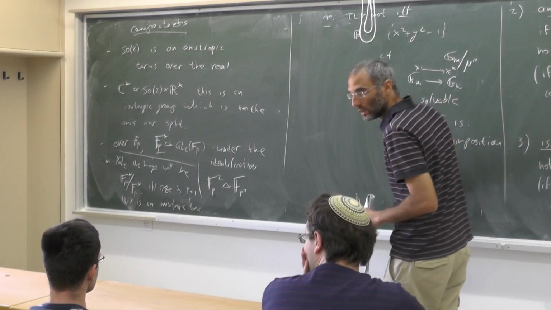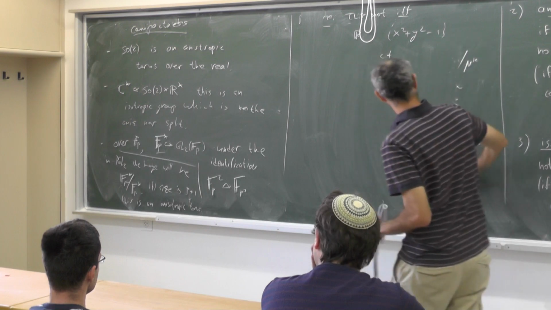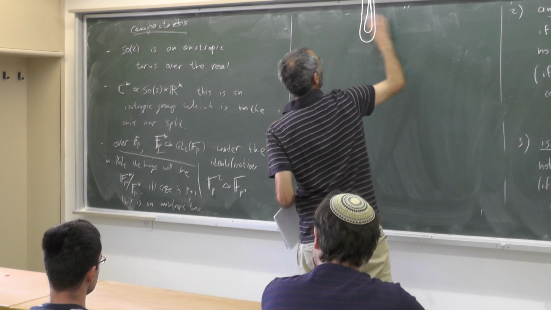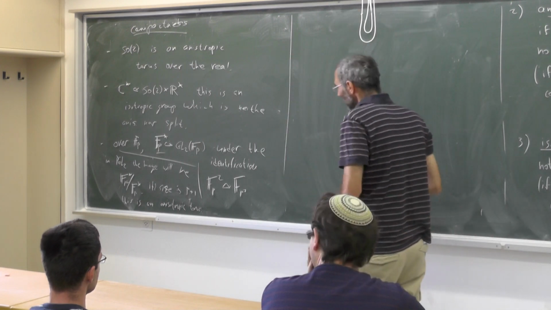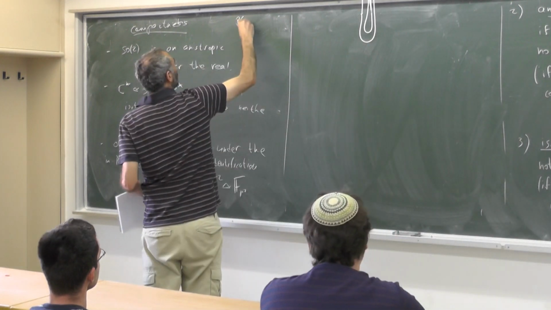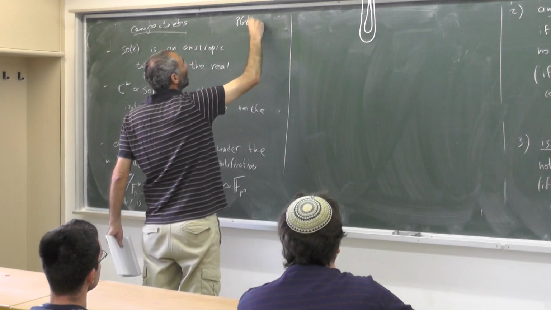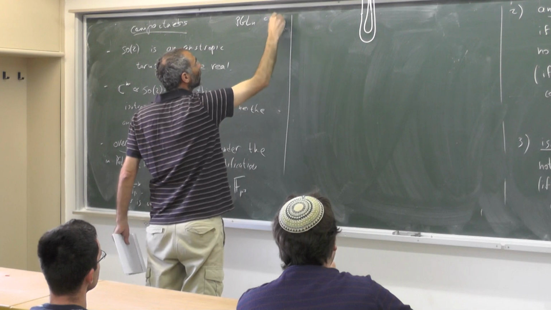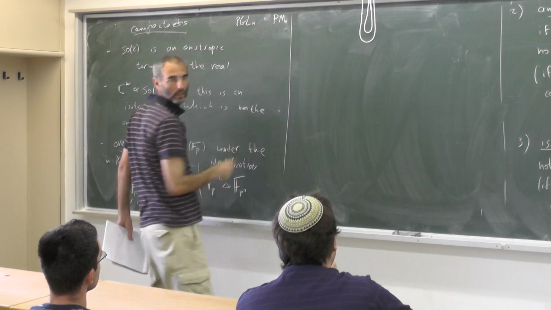PGL2 is a projective variety, right? No, it's an affine variety. Every affine group is an affine variety. Yes, it is. This is something that confuses people if you see it the first time. Of course, you can define it as a subset of P^N, right?